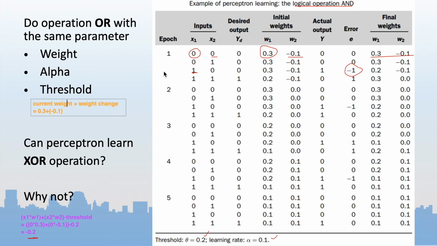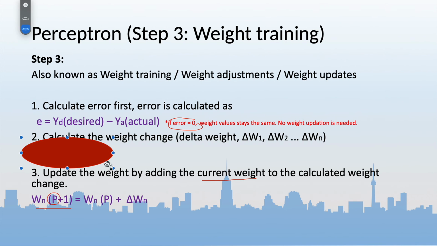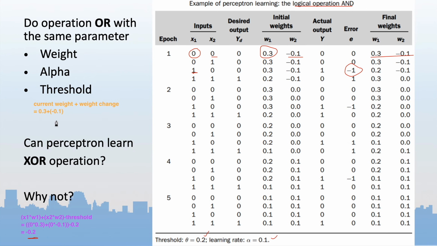The weight change is calculated using this formula, so we get 0.3 plus negative 0.1, and you will get 0.2.